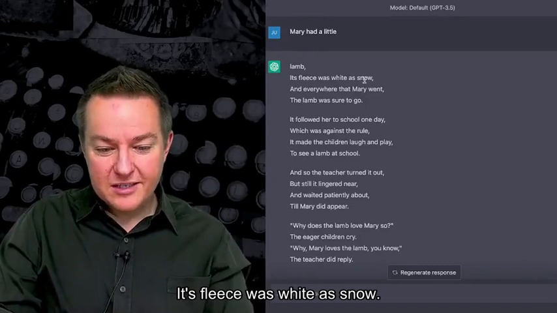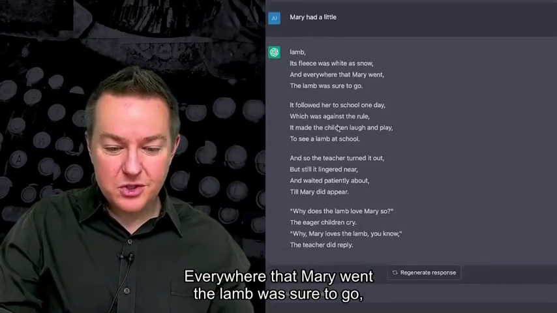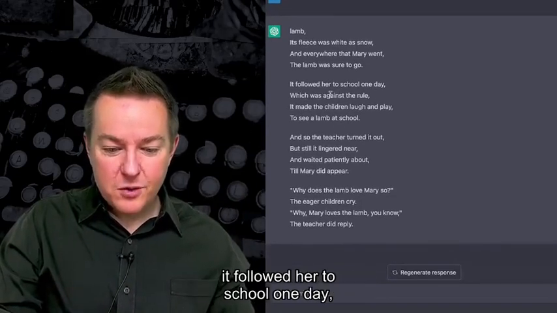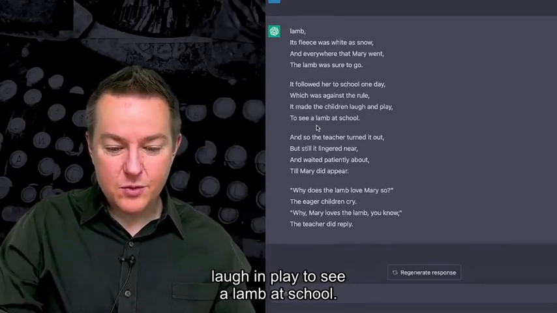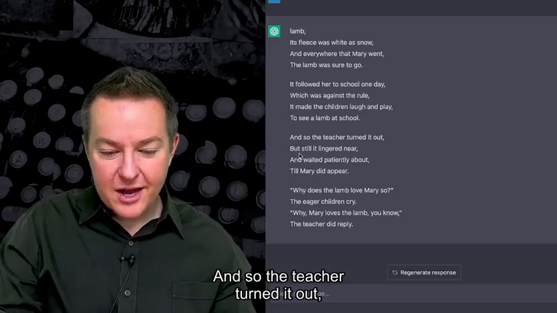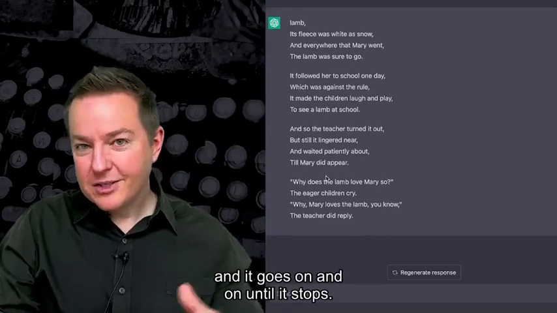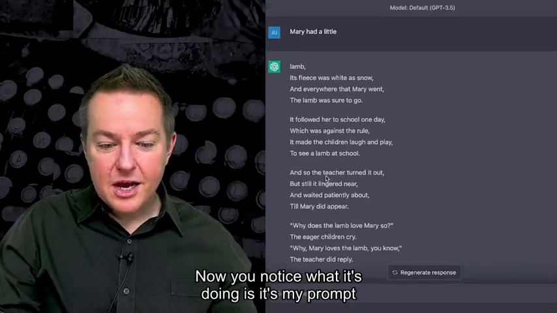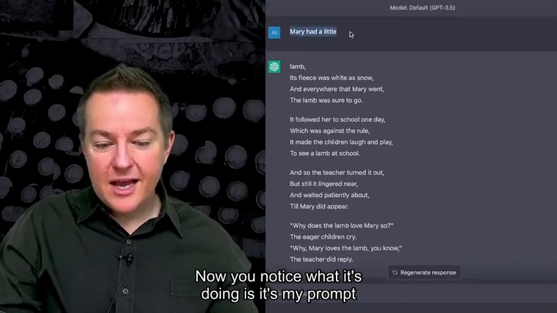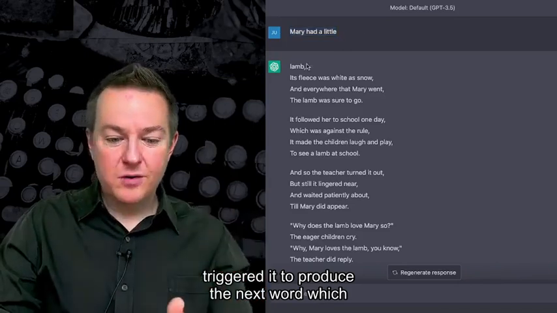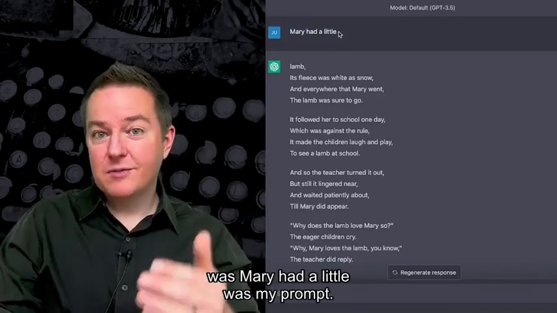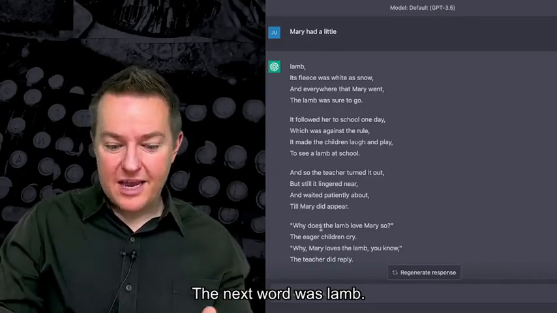Its fleece was white as snow, and everywhere that Mary went, the lamb was sure to go. It followed her to school one day, which was against the rule. It made the children laugh and play to see a lamb at school. And so the teacher turned it out, but still it lingered near, and it goes on and on until it stops. Now you notice my prompt triggered it to produce the next word. Mary had a little was my prompt, so the next word was lamb.